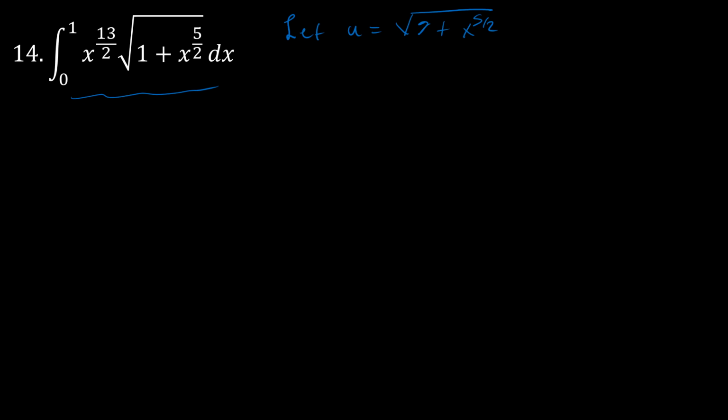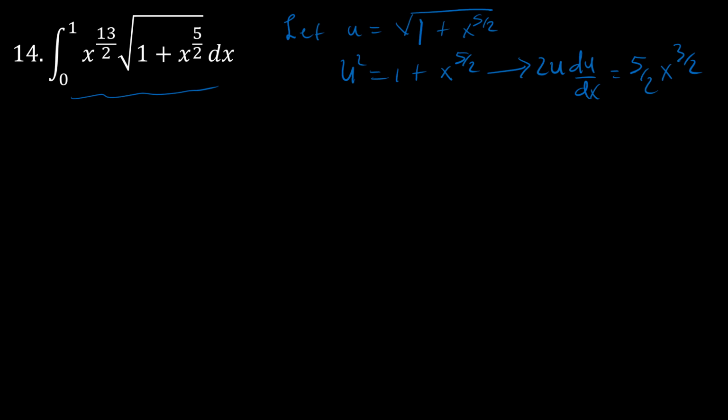Let me delete this one here. So that u squared is equal to 1 plus x to the power 5 over 2. And that means that 2u du/dx is the same as 5 over 2 x to the power 3 over 2.